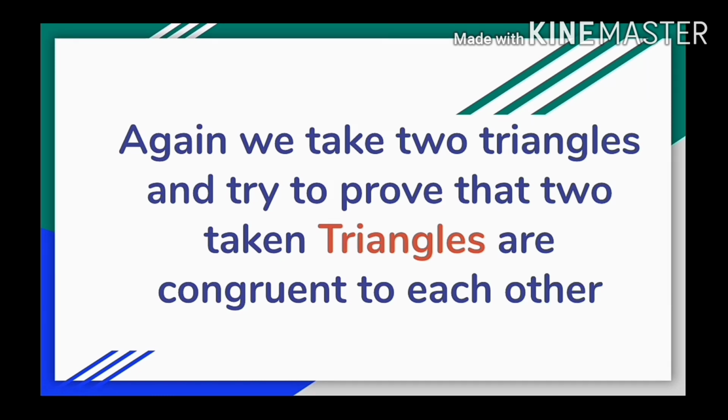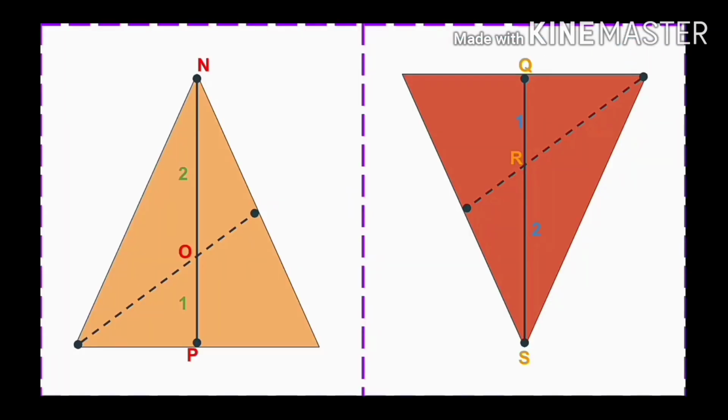They are equal in shape or not, we don't know. We should prove that. These two are the triangles, and NP and QS are the medians. The ratios are the same, 1:2 and 1:2. Sorry, 2:1 and 2:1. And the centroids are O and R. Here we can find the two ratios are the same.